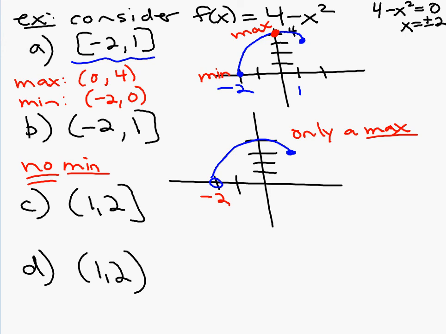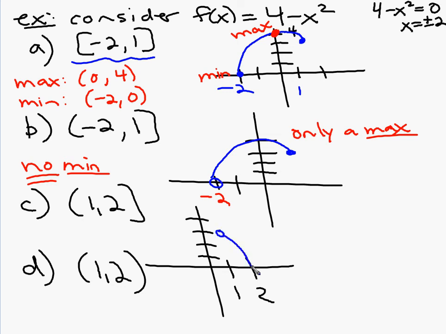How about situation C, where we go from 1 to 2. 2 is 1, 2, 3, 4. At 1, my value is 3, but it is an open circle.